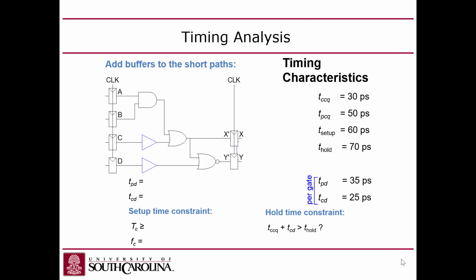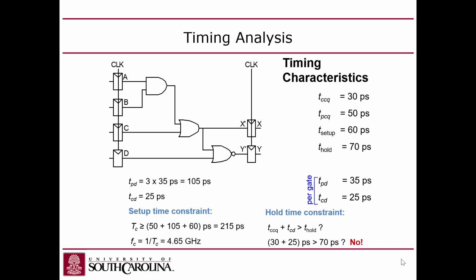So notice they added a buffer here, right? I get that, because that's the shortest path. They also added a buffer to the second shortest path. Why? To wait for the input of the first one? No, you don't necessarily have to balance these. I think it's not shown here, but I would bet that if you measured, the contamination delay we measured for the logic was just this gate, which was 25.